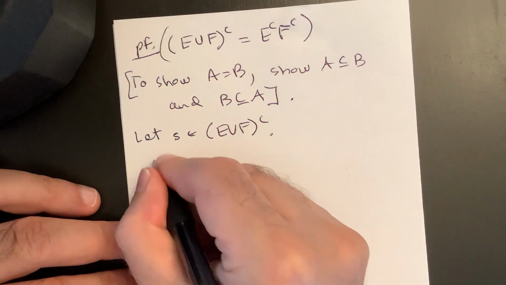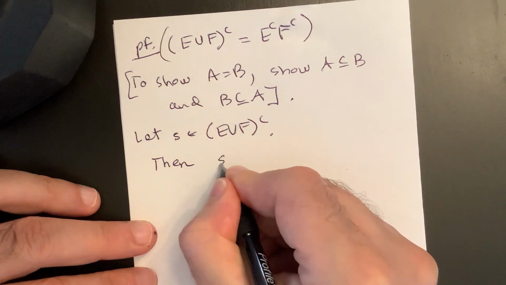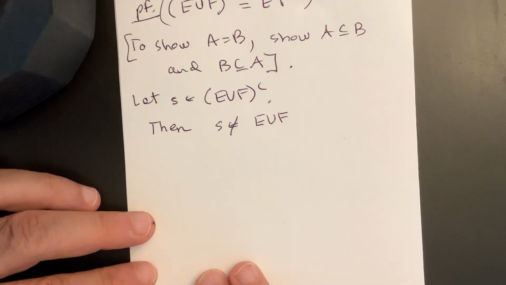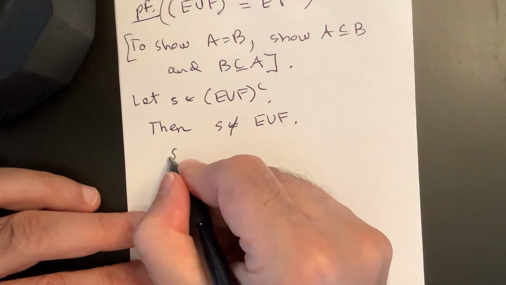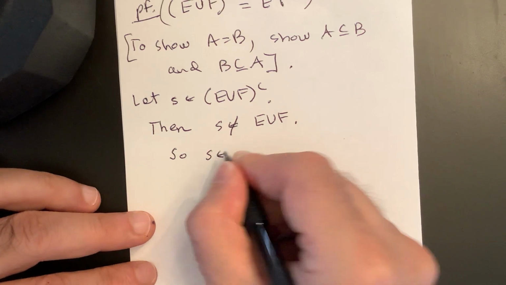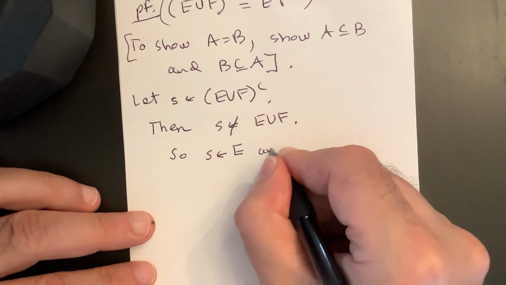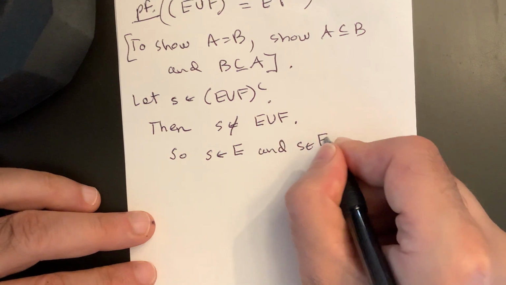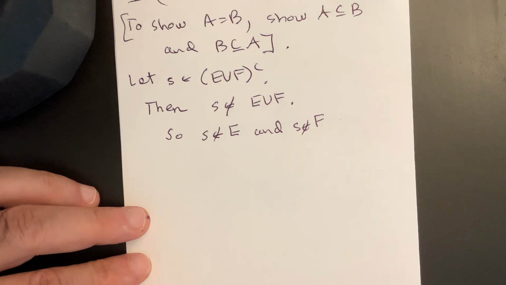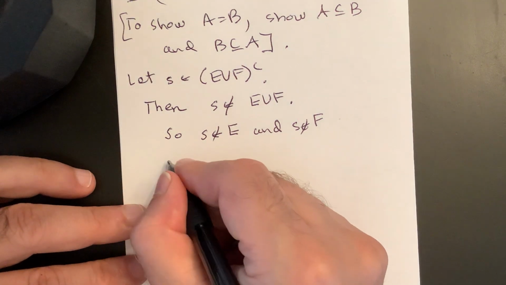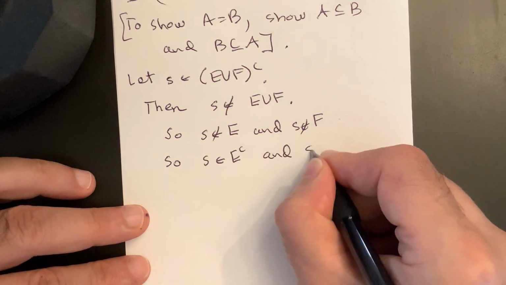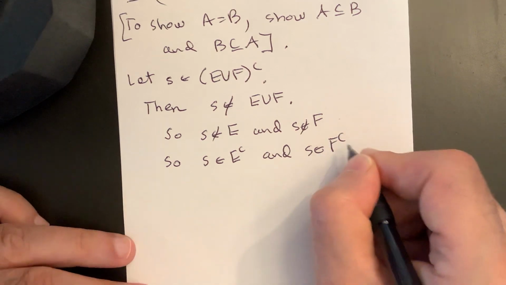So what does that mean? S is not in E union F. That's the definition of complement, right? If it's not in the union, then it's not in either. So s is not in E, and s is not in F, because if it were in one or the other, it would be in E union F. So s is in E complement and s is in F complement.